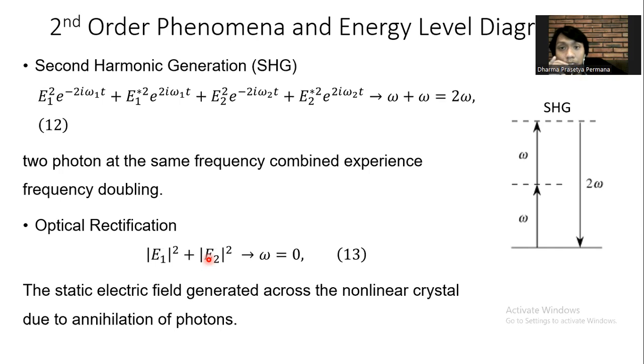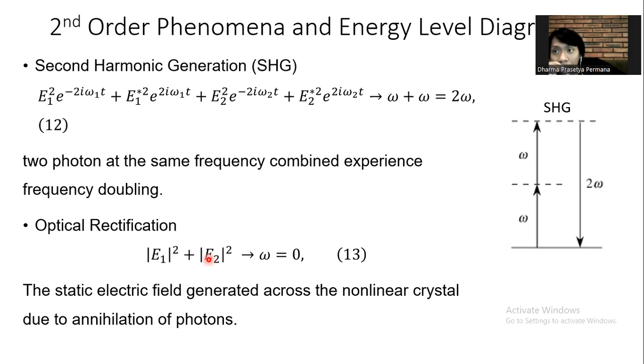You know, the intensity of the light relates to how many photons we have, right? The number of photons. So let's say that we use light with an intensity of 100 watt per meter square, and then the generated light will only have about 30 watt per meter square intensity.